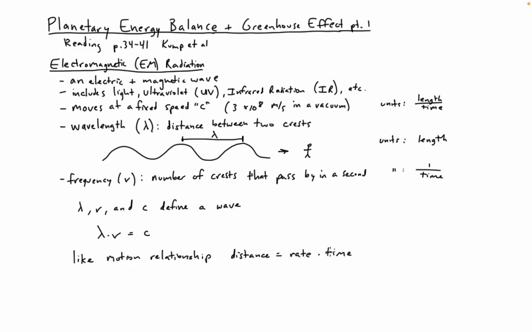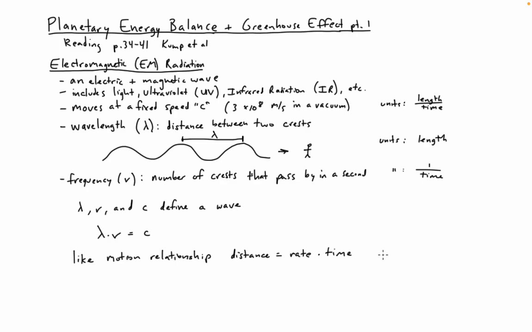So we have the time-related term being frequency, so it's the inverse of that. The rate being the speed of light, and then the distance being this length term. So it's basically that distance is rate times time equation, but for waves.